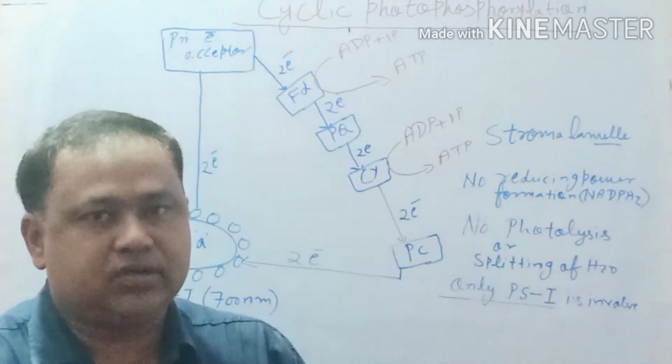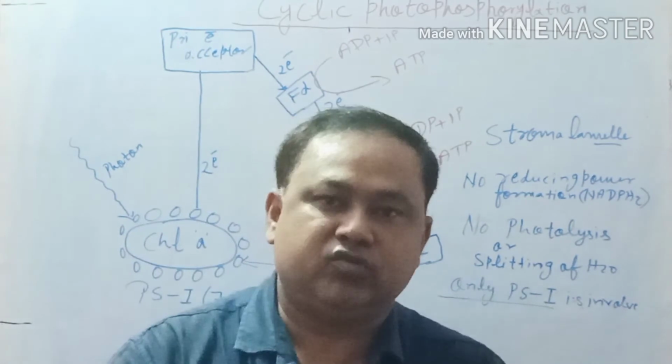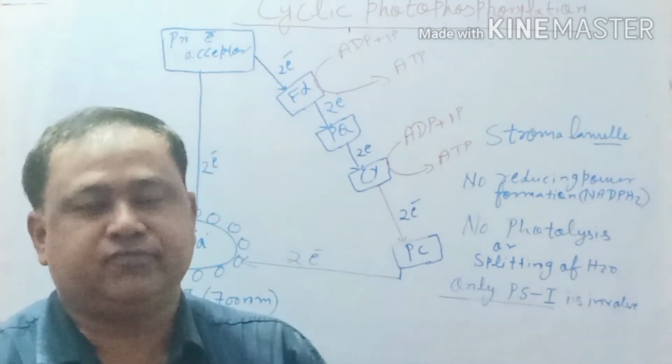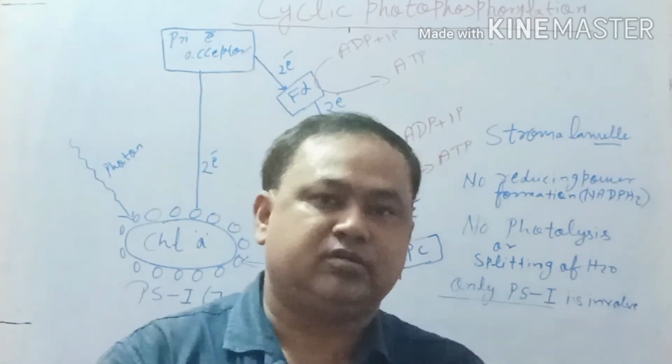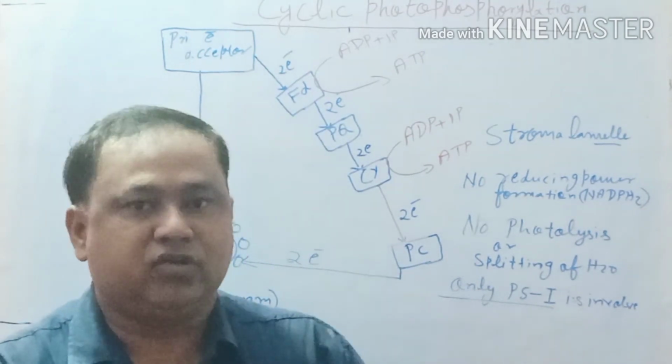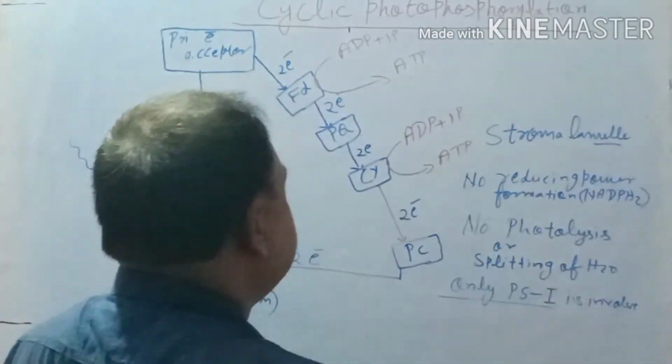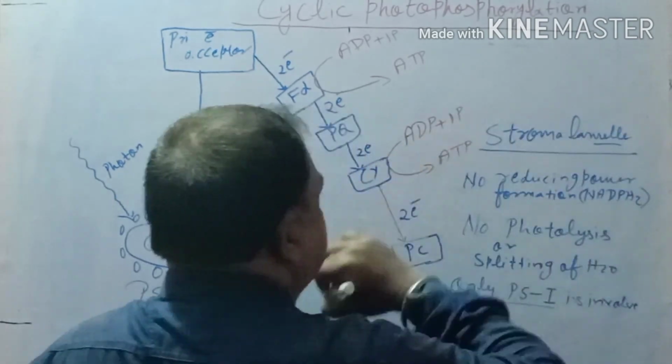Splitting of water takes place in the inner membrane of the thylakoid, and the formation of reducing power, that is NADPH2, takes place in the outer membrane of the thylakoid. So cyclic photophosphorylation takes place in the stroma lamellae.